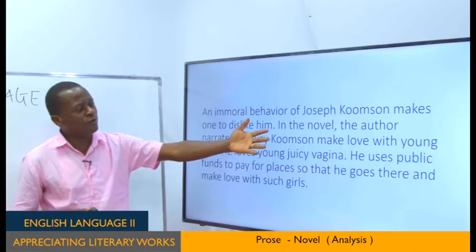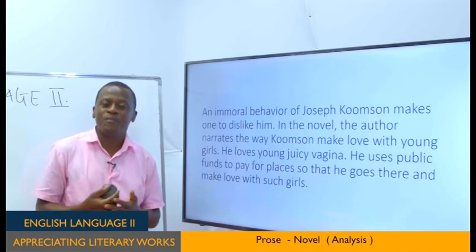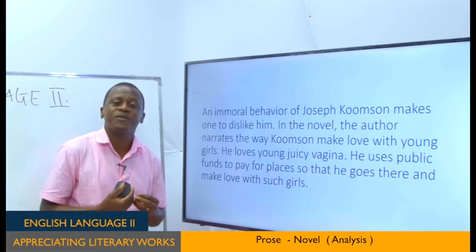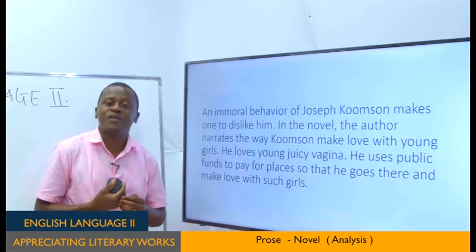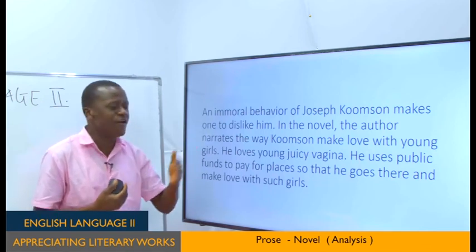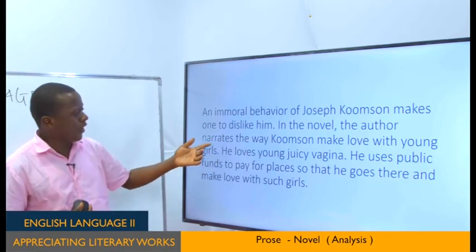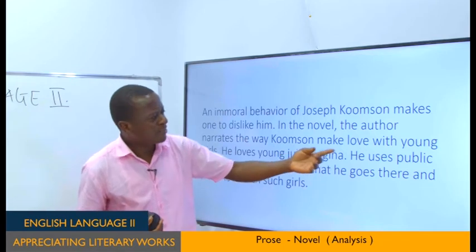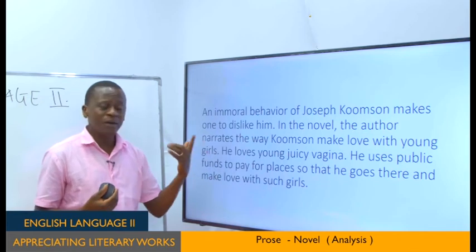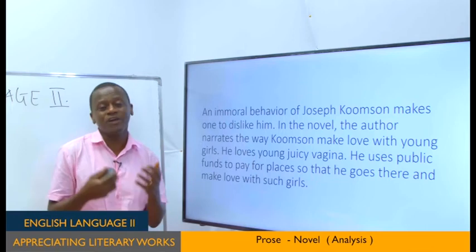The immoral behavior of Joseph Thompson makes one dislike him. Being immoral, a person who doesn't observe the moral values, the moral standards in a given society, that person has to be avoided, has to be disliked. Now, in the novel, the author narrates the way Thompson makes love with young girls. Koyama tells us that Thompson loves young girls. These are not my words, my students.